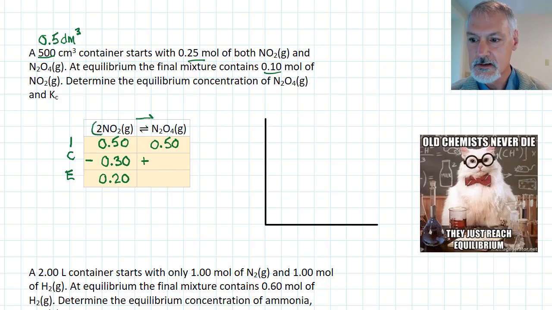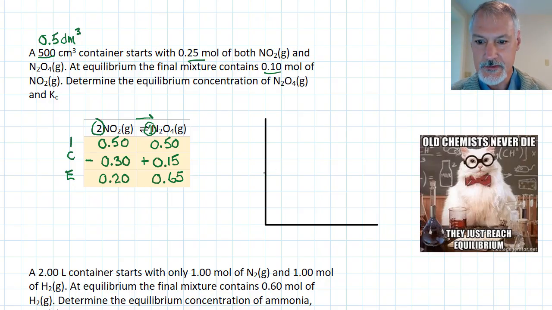Here the ratio is 2 to 1. So this must reflect that coefficient as well. So the change here would be only half as much, 0.15, to maintain that ratio. So at equilibrium then, I have 0.65 of N2O4.